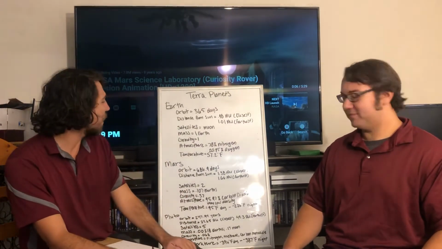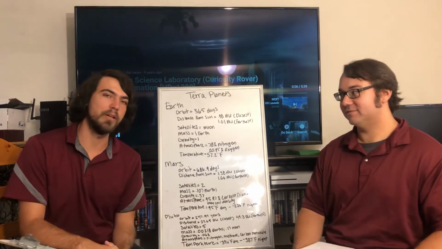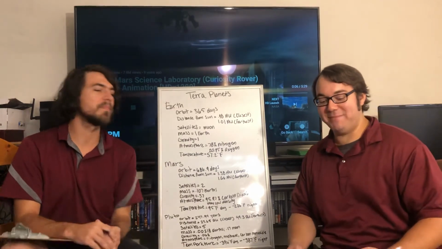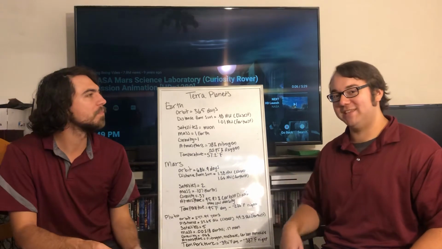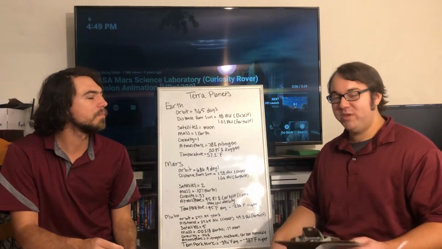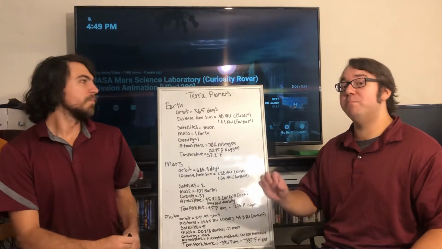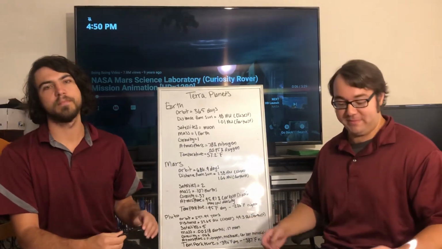So, we're going to go ahead and move on to what they call Earth's sister planet, Mars! And Mars was named after the Roman god of war. It has 2 satellites, and we've sent a bunch of stuff there. Mars is actually the most observed planet in our solar system besides the Earth.